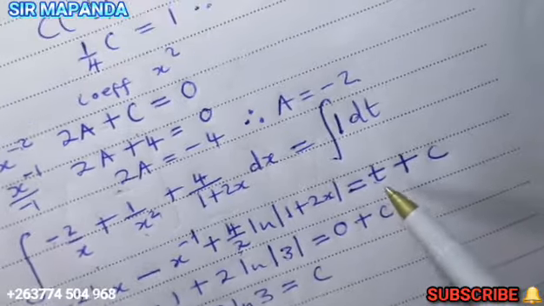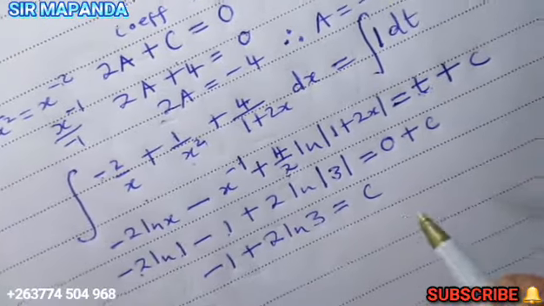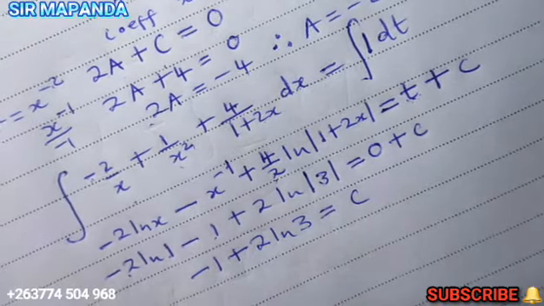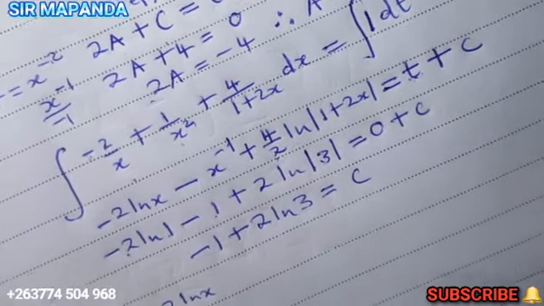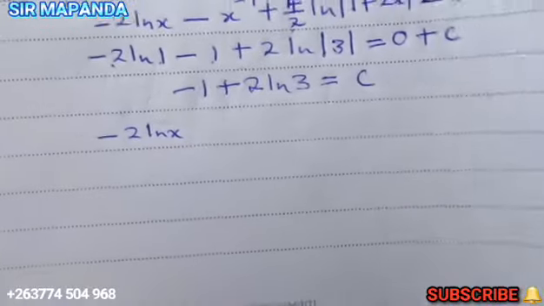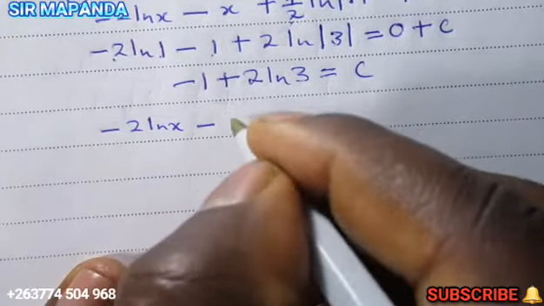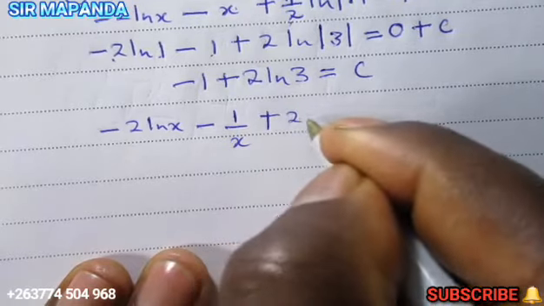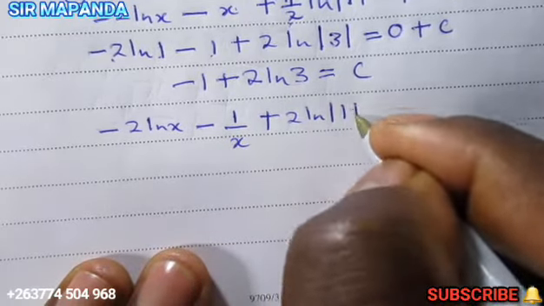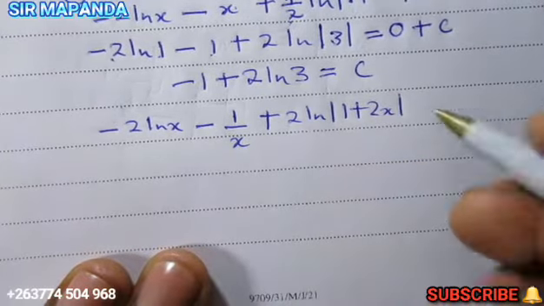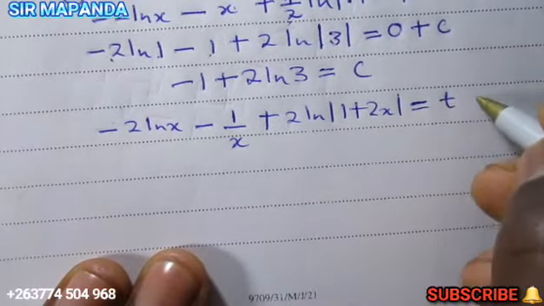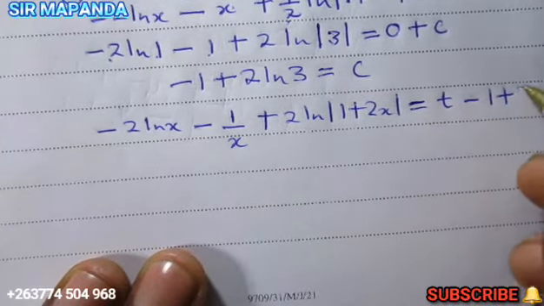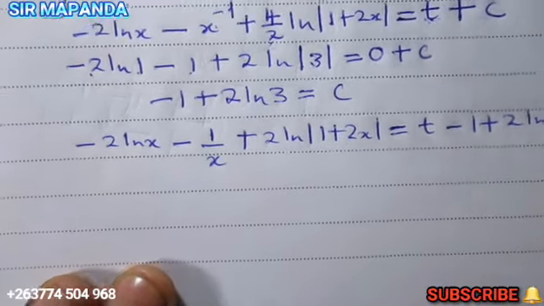So to make t the subject of the formula, I now need to move c to the left side. So you have 2 ln x here, minus, this one can be written as 1 over x here, plus 2 ln modulus 1 plus 2x is equal to t plus c, where c is minus 1 plus 2 ln 3.